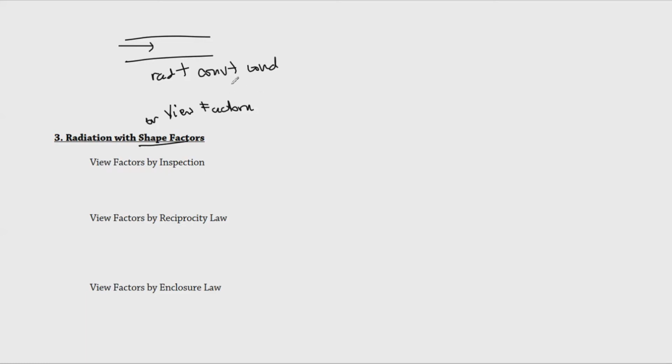This is a dimensionless property, wherein if we have an object here that has an area, and an object here that has an area too, it is something like what this object sees from this A2, and then we account for all the radiation that will be sent by this A1 to A2. So if it emitted a fraction of radiation, what could be the amount of that radiation that is absorbed or intercepted by this A2?